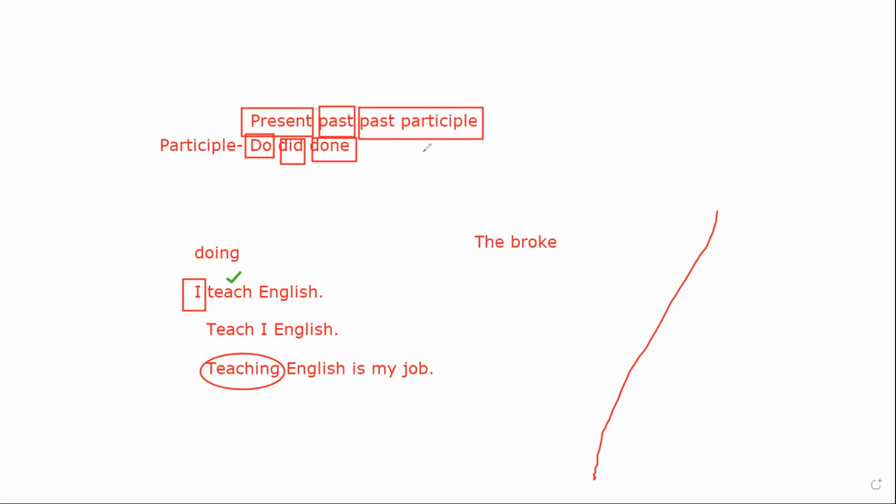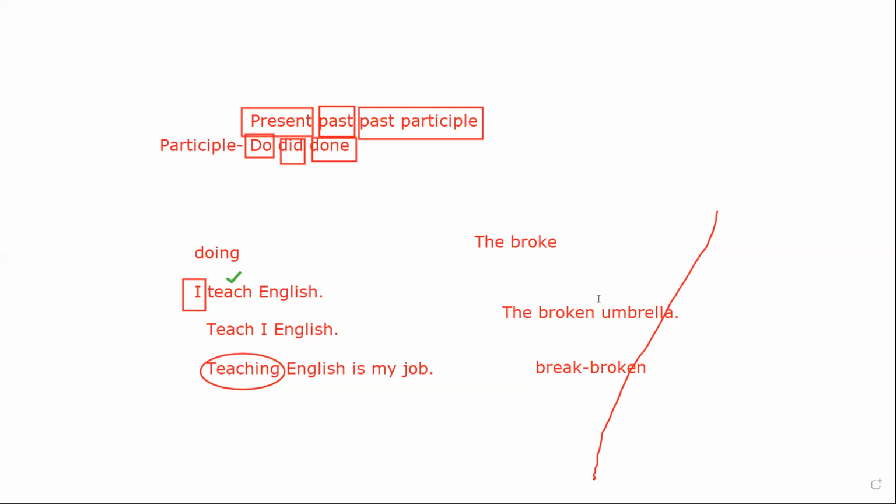So when we are writing the broken umbrella, here the word broken has come from break, right? Break, broken. So here we have used this word broken before the word umbrella. So it is one participle and it is acting as an adjective.